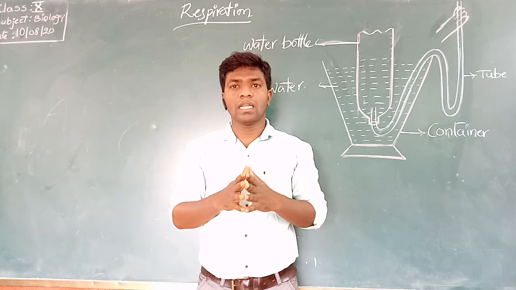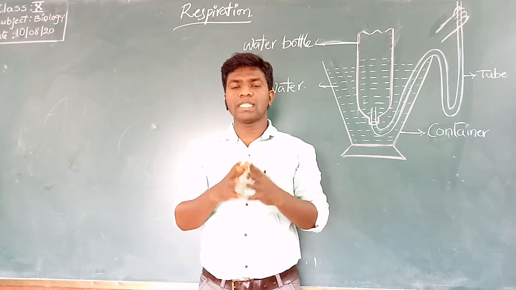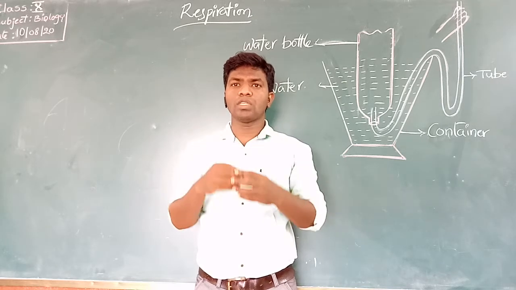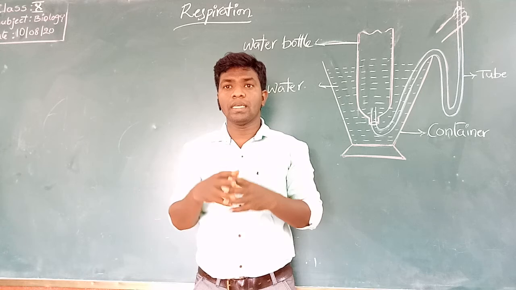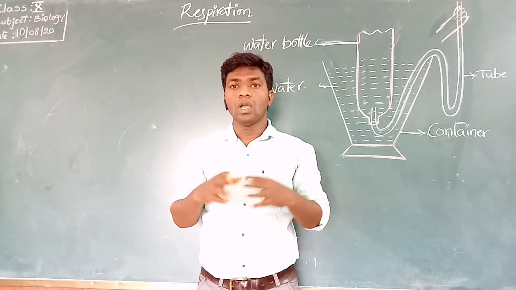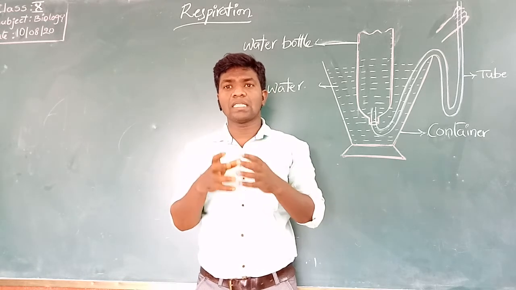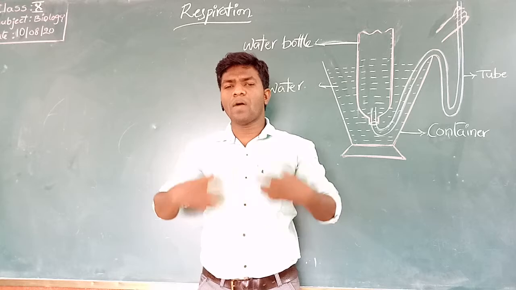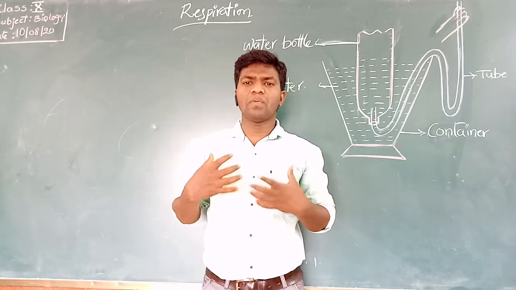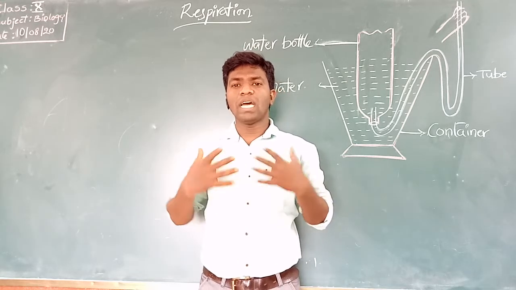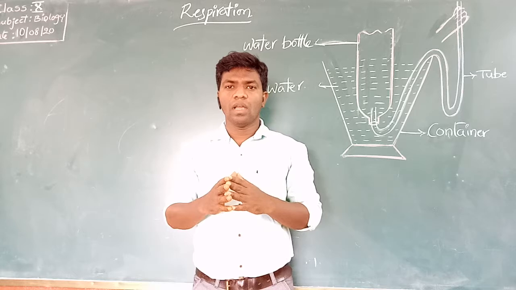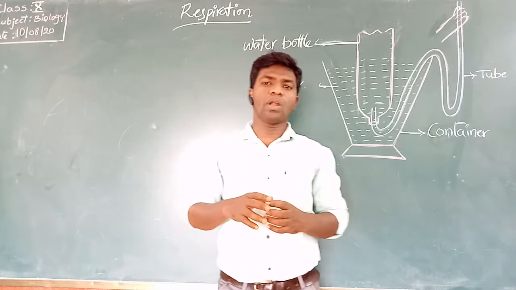The energy produced in the respiration process is used by the cells. Our body is made up of a number of cells, so we are multicellular organisms. There are some unicellular organisms also.